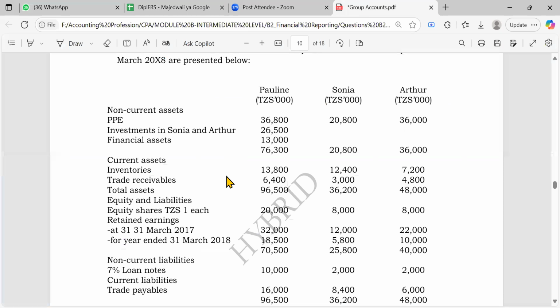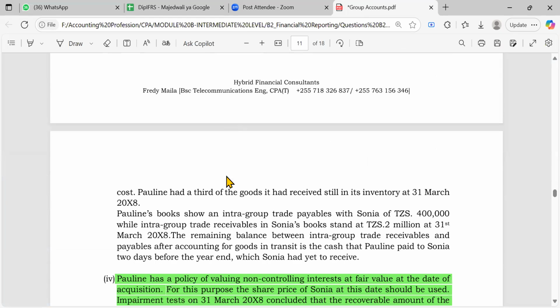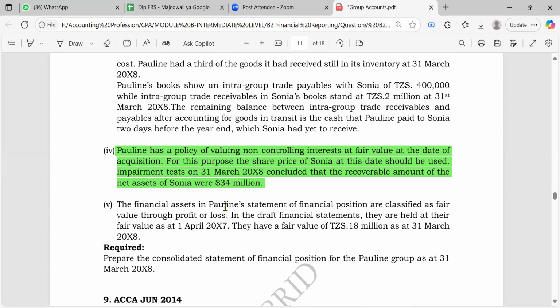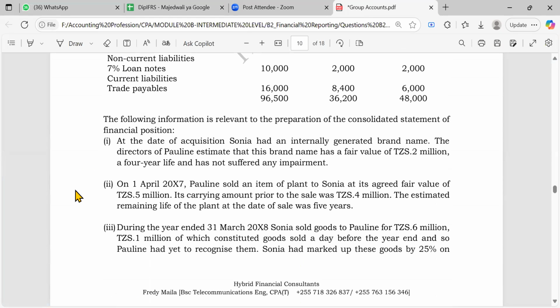But now you understand. Like I told you, whatever goes to profit or loss and belongs to the subsidiary, you have to share it. But here, this one does not belong to the subsidiary. They are speaking of Pauline, right? So whatever is owned by the parent just goes direct to the group equity.